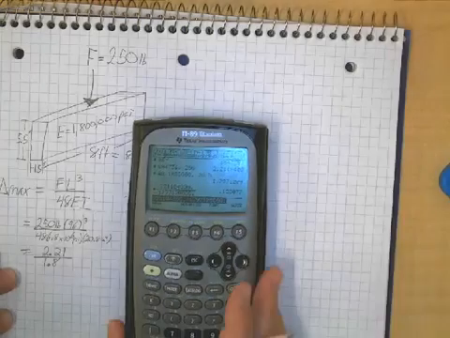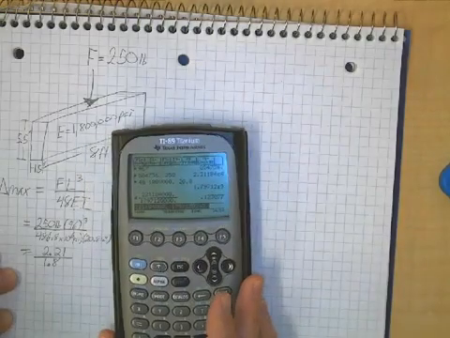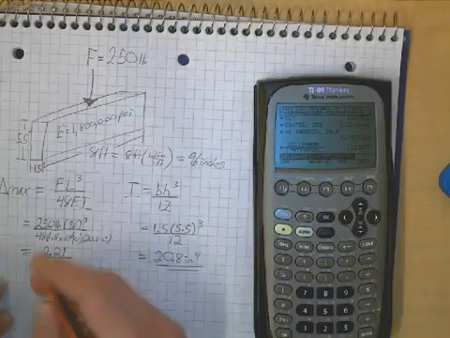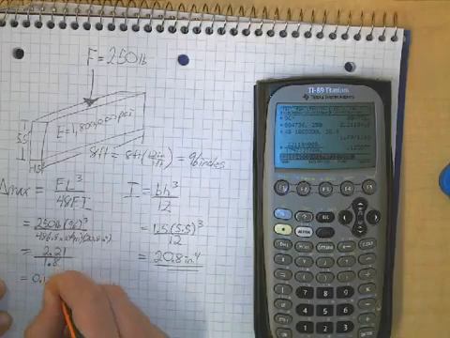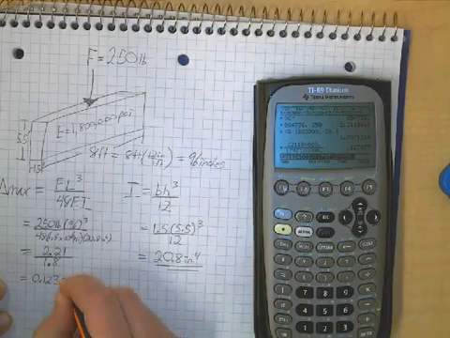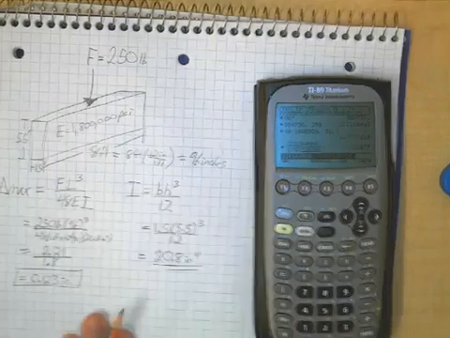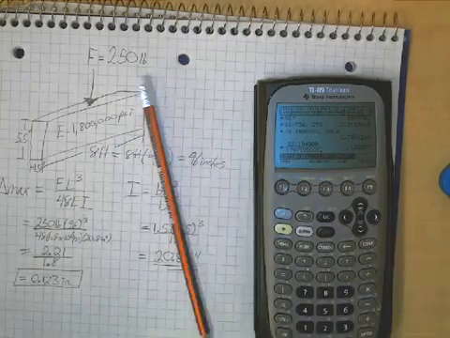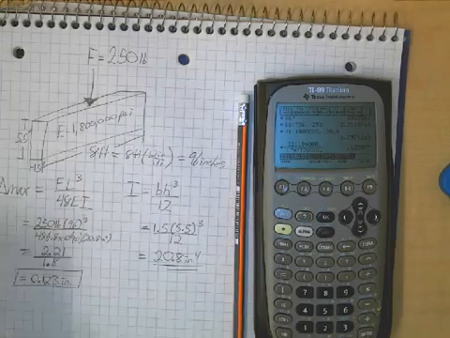And I get 0.123. Sorry, 0.123 for my deflection, and that would be inches. And there is your deflection. So given those values, that's what you would need to do to plug everything in and solve for your deflection.